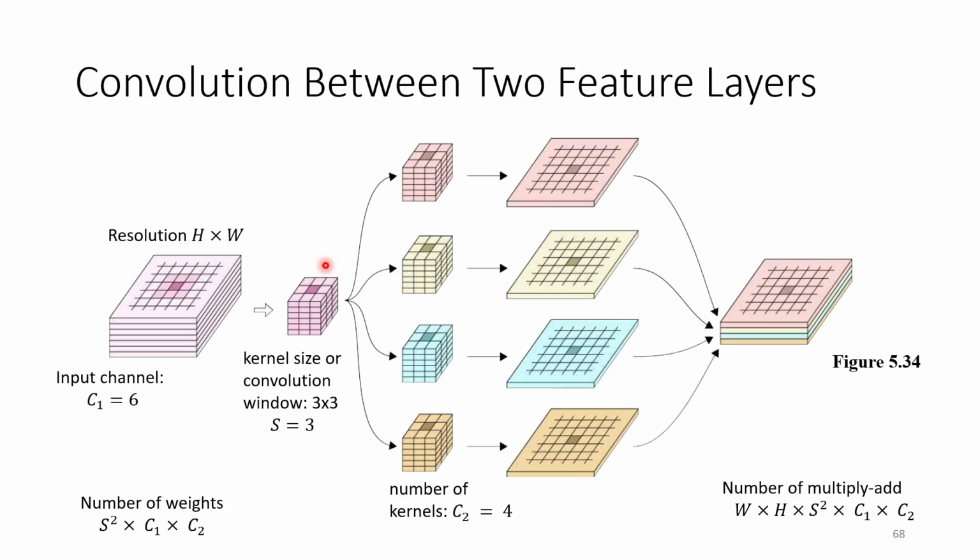How many channels are in its previous layer? That is the number of channels of the convolutional kernel. So we have 4 convolution kernels, 1, 2, 3, 4. Each of them will convolve the previous layer and generate a new channel, and we concatenate the 4 channels into a new layer. So that will be a new feature layer.